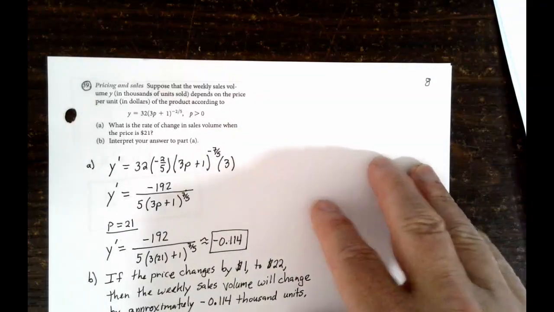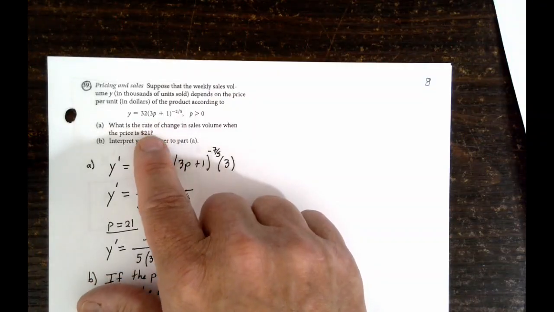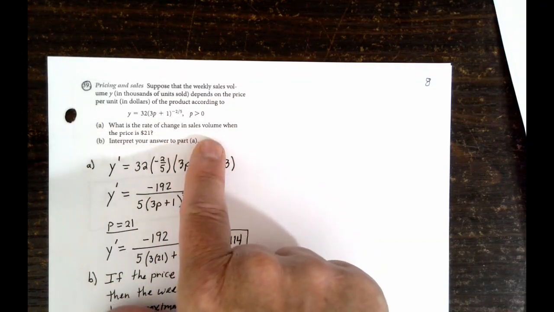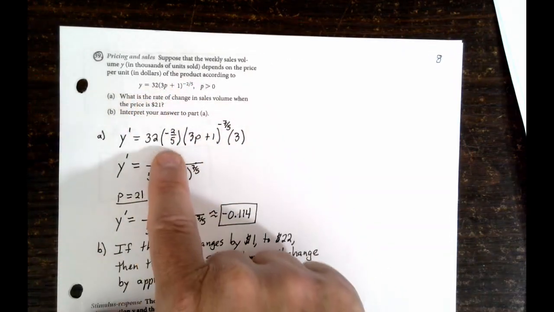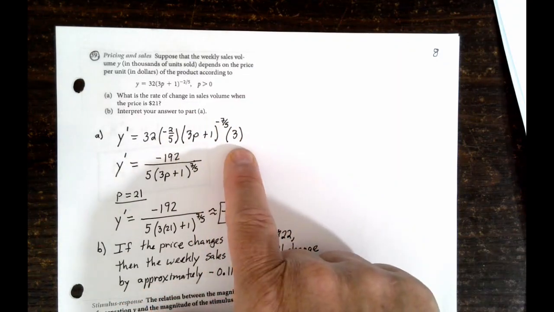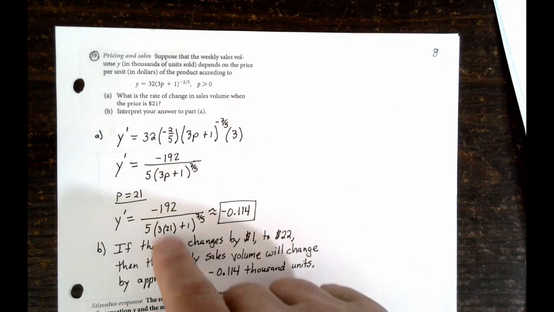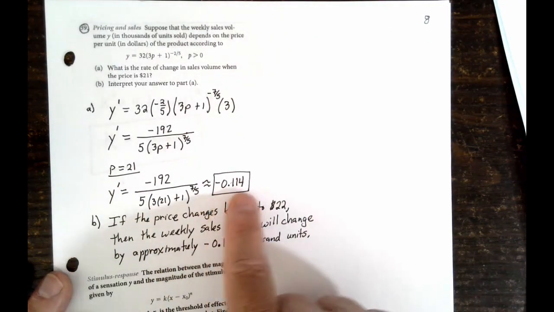Right? 39, they give you the weekly sales here, and they want you to find the rate of change of the weekly sales, so you're taking the derivative of that. So you bring the minus 2/3 out front, subtract 1 from the minus 2/3, followed by the derivative of what's inside. You clean it up a bit. Now you plug in 21, which is the number they want you to use, and you get this.